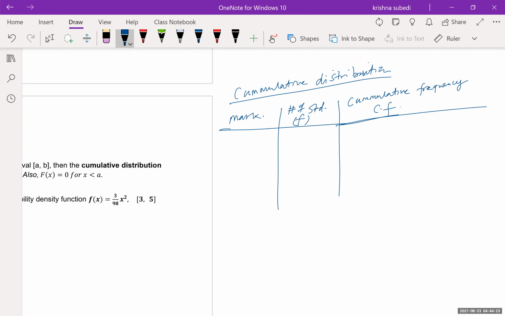I'm taking it to high school just for a few minutes, I hope you don't mind, because you need to understand what cumulative frequency actually means.